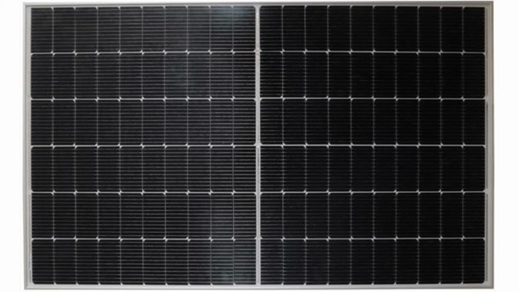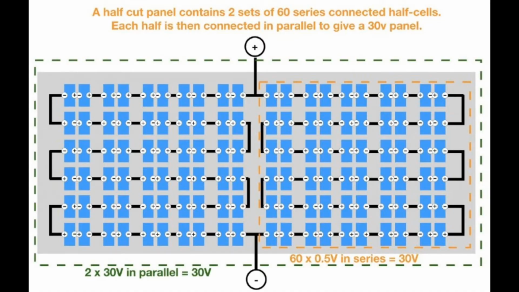Here the center line is dividing the whole panel into two halves, the upper half and the lower half, in which 60 or 72 half cells are connected in series, and finally these two halves are connected in parallel with each other. This is done in order to maintain the voltage and current of the panels the same as that of full cell panels. Friends, on cutting a cell into half, its voltage remains the same, but its current becomes half. So when we connect 60 half cells in series, the voltage gets added.